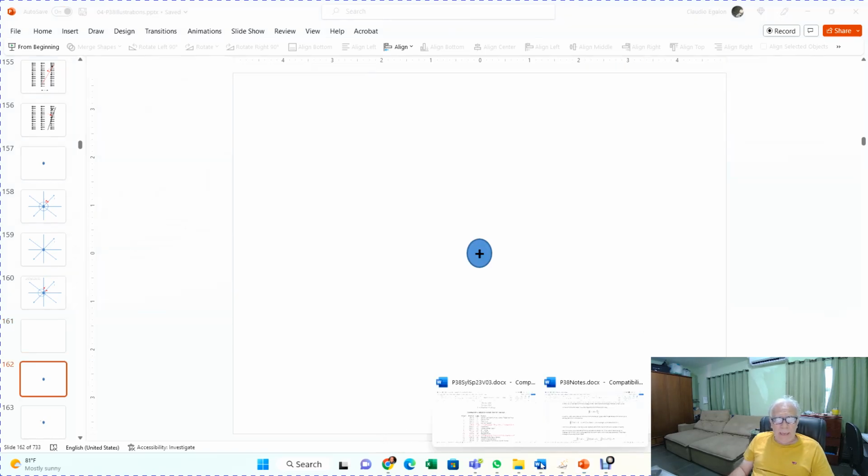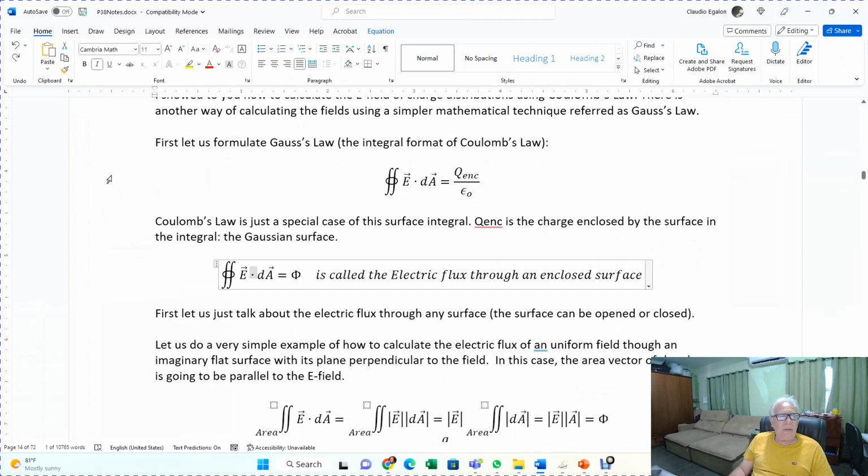And what you need to memorize is this integral: the integral of E dot dA over a closed surface equals Q enclosed, the charge inside the imaginary surface.